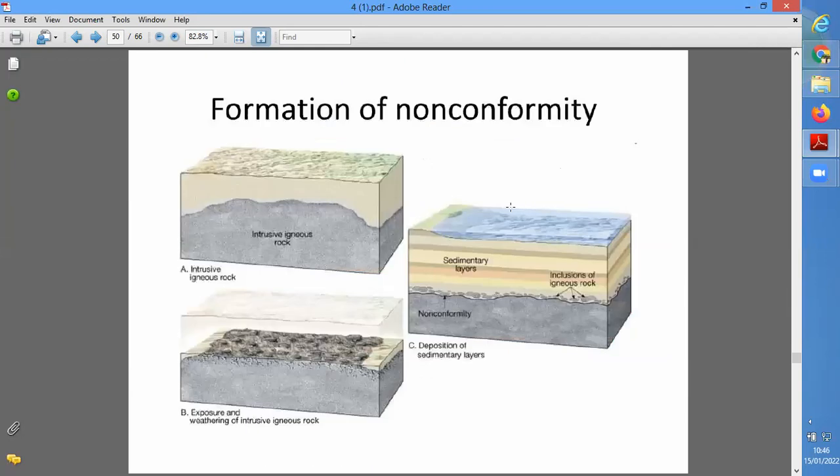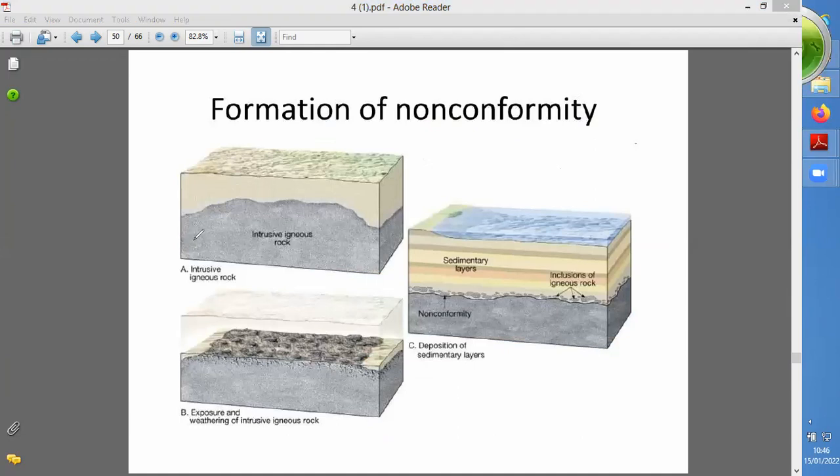So here the process of formation of the metamorphic rock is easily given. Now first the igneous rocks are formed having such a type of irregular surface. When these igneous rocks undergo water, then after undergoing water, due to deposition, various layers are deposited here.